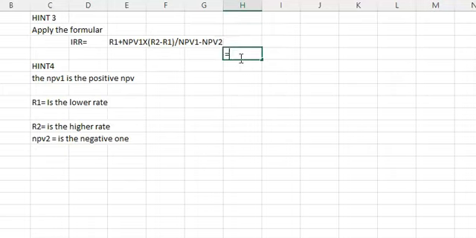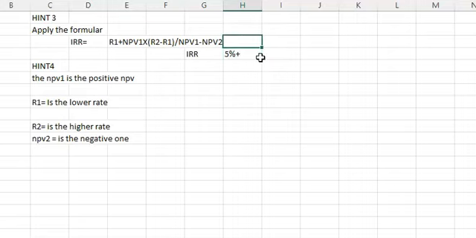We're going to say IRR equals R1, the smallest, 5%, plus NPV1, the positive one.